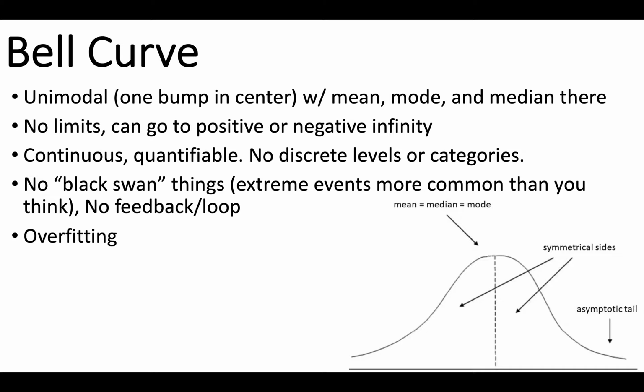There's no black swans, which is when extreme events are more common than you think they would be by these models. So these tails are thicker. Or there's no feedback loops. Feedback loops often cause a black swan. A feedback loop could be that as a young kid, I was gifted in something, sports, math, or science. So I received more attention and more training, which made me even better.